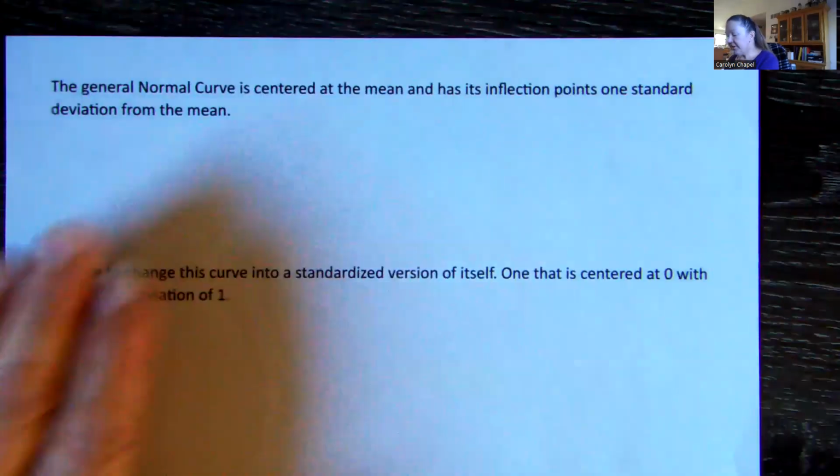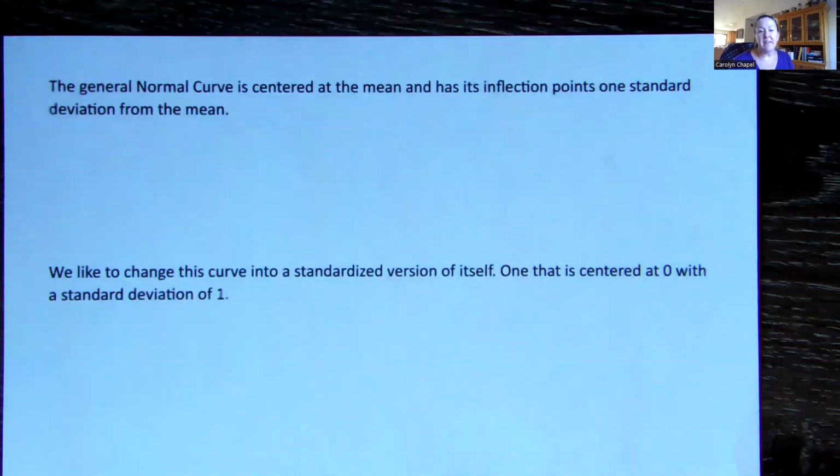All right. In general, I already kind of said that it is centered around the mean, and it does have those inflection points, 1 standard deviation, both directions. And a lot of times, since every situation is different, you might have a different mean, a different standard deviation.